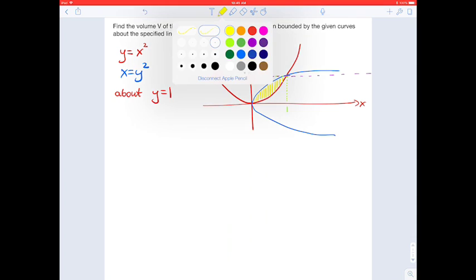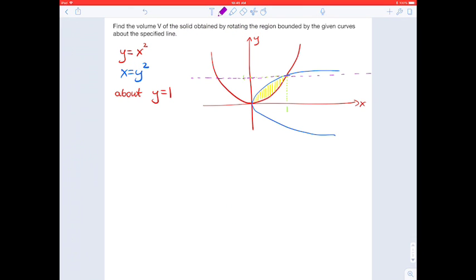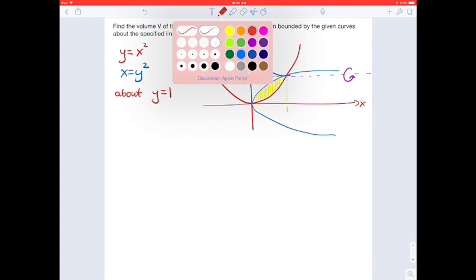Now we have to imagine that we're taking this yellow part and making a rotation. And this will result in the curve a little bit on the other side.